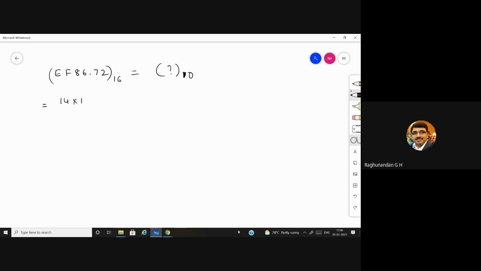So 14 into 16, 15 into 16, plus 8 into 16, plus 6 into 16, plus 7 into 16, plus 2 into 16. So starting from this point, start appending the powers, minus 1, minus 2. Use your calculators. Tell me the answer.